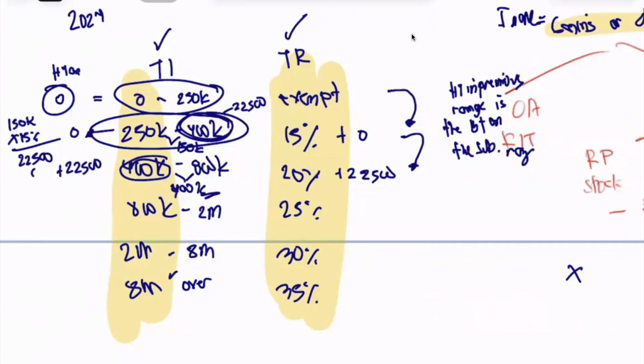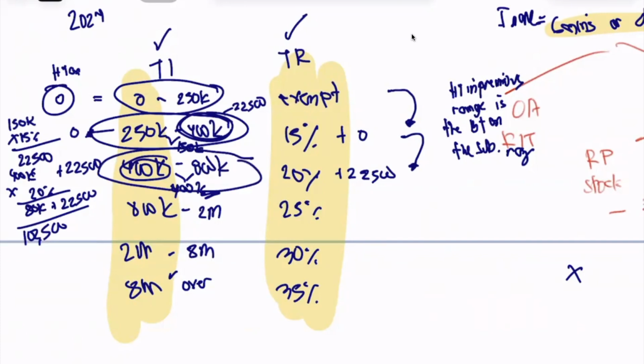So may 400k ulit. 400,000 multiplied by the rate. Ang rate natin dyan ay 20%. This is 80k. Plus 22,500, that is 102,500. Therefore, ang tax ng 800,000 ay 102,500. Ang highest tax ng previous range, yun ang basic tax ng susunod.